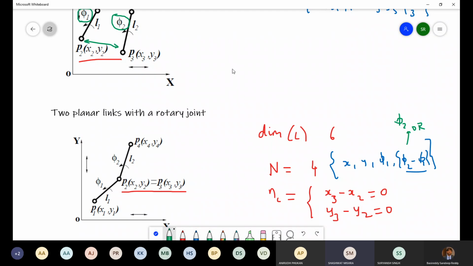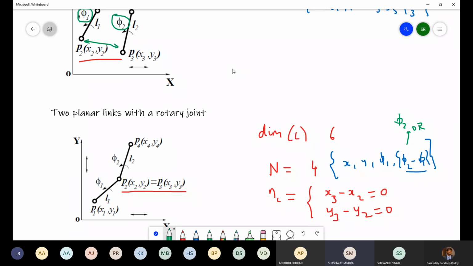Sir, but phi 2, L2 will only rotate about P2, right? Okay, sir, I got it. So if it were to only rotate about P2, then will that be an independent degree of freedom? Or will it be independent when it rotates about link 1?